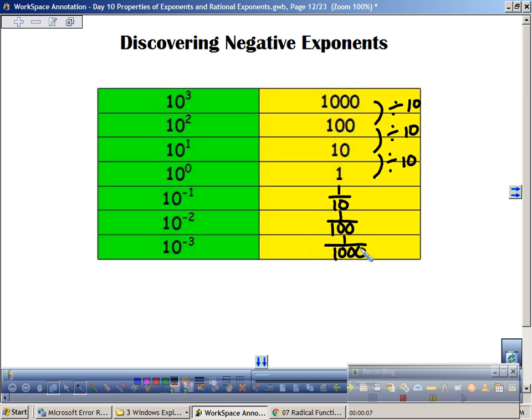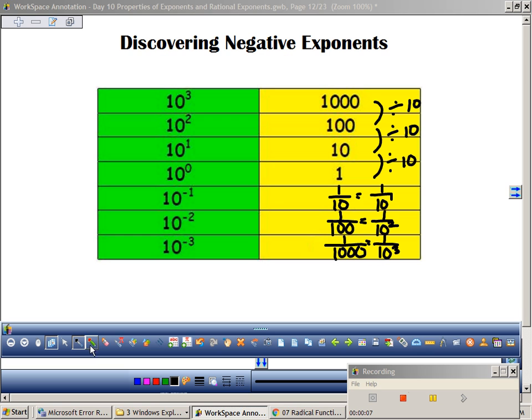Okay, now check this out. I could rewrite this as 1 over 10 to the first power, 1 over 10 to the second power, 1 over 10 to the third power. Couldn't I? Well, do you see that this here matches this, only the exponent is negative?